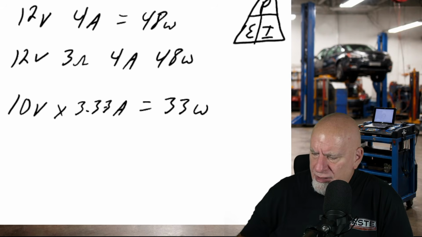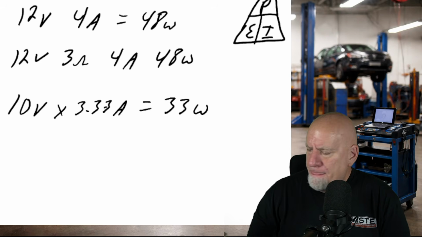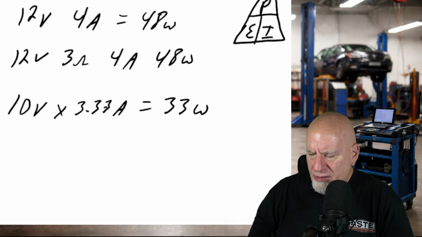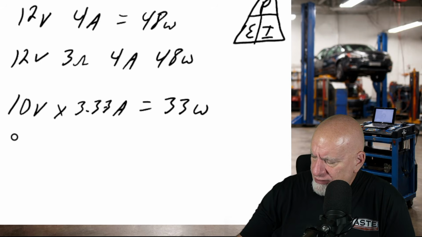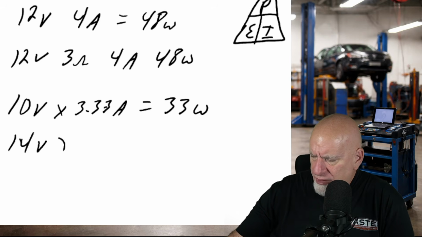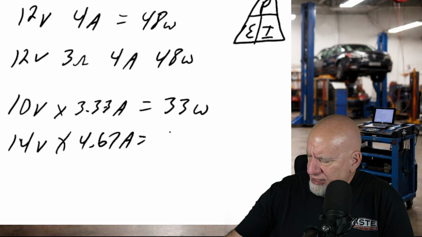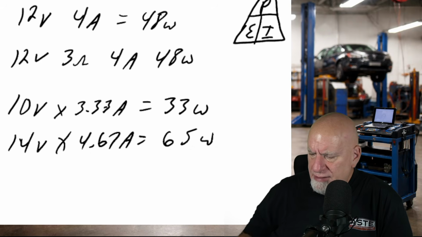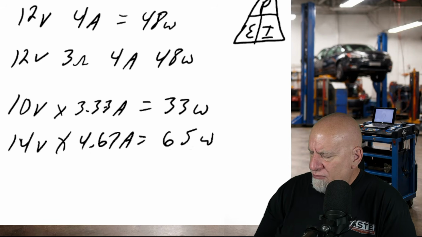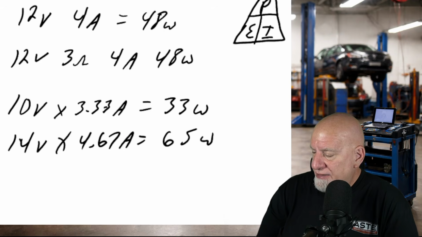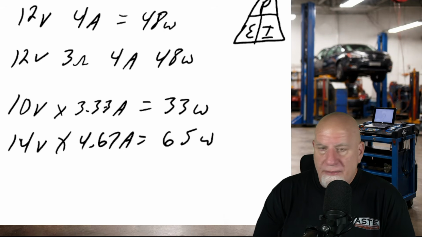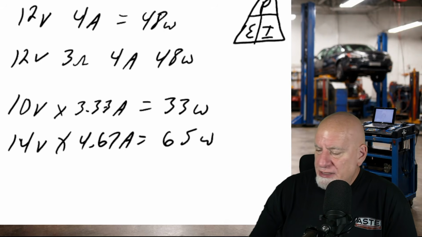All right, and let's go back to our 14 volt example. So, 14 volts. We had 4.67 amps. And that's going to make 65 watts. So 14 times 4.67. A huge difference in power consumption in that circuit. You wouldn't expect it to jump that much, but it does. There's a lot of power consumption in that circuit.